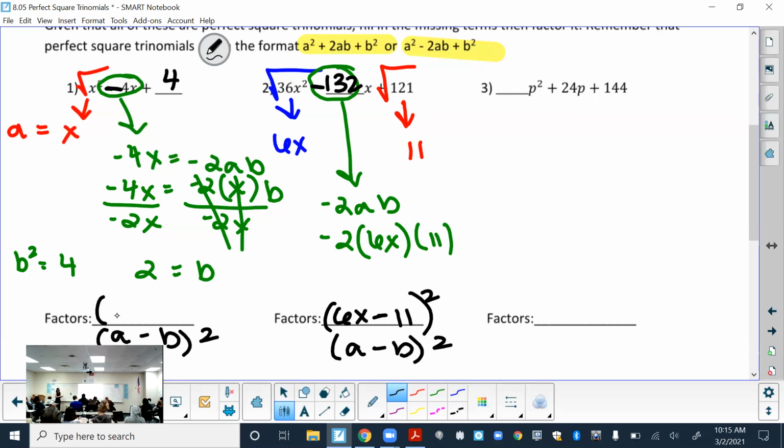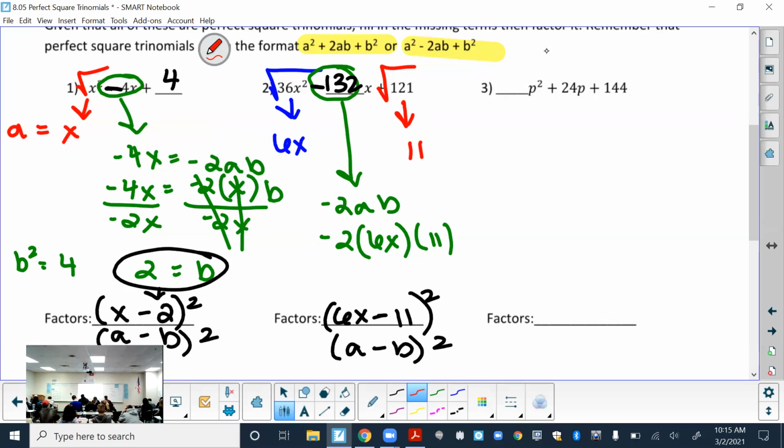So my factors should be x minus 2, because it's a minus b. So my b is here, so it goes here. And then squared. Question? How can I check my answers? FOIL or distribute?